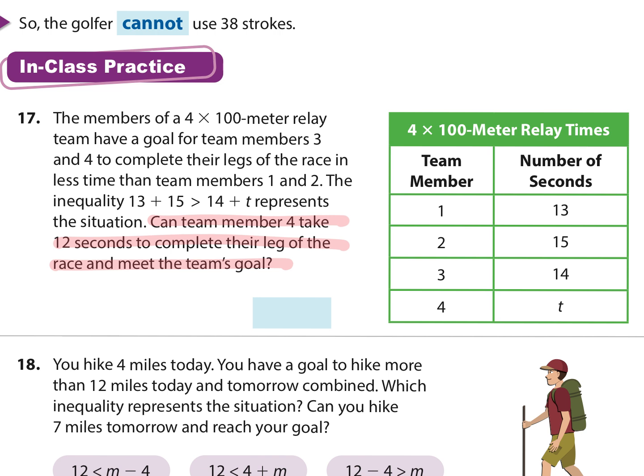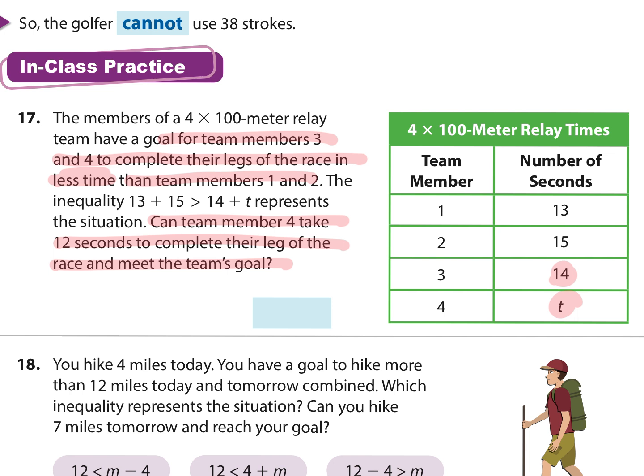What is the team's goal again? The goal is up here. Team members 3 and 4 complete their legs of the race in less time than team members 1 and 2. Okay, so what do we know to be true of 3 and 4? We don't know the time for person number 4. They're probably the fastest.